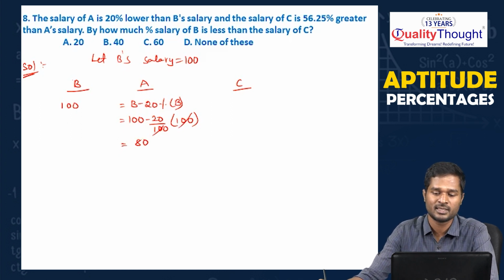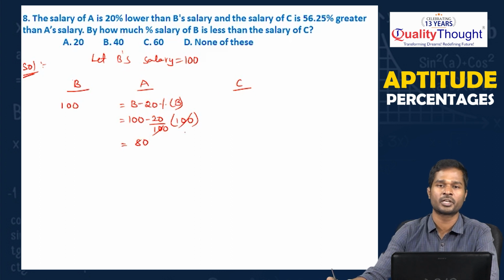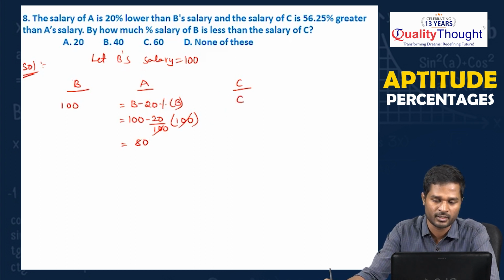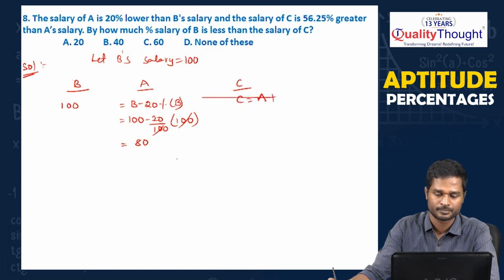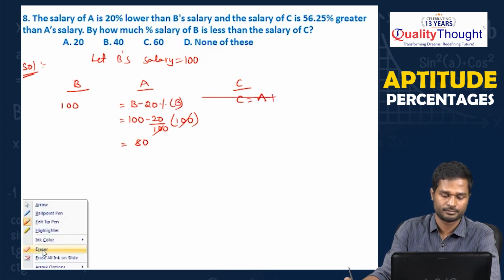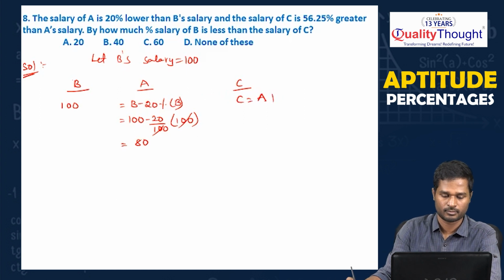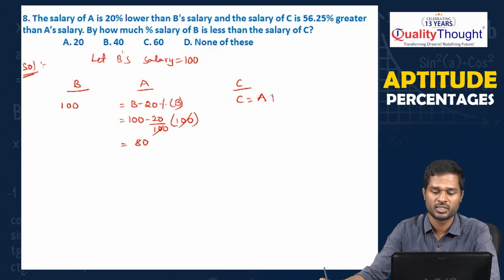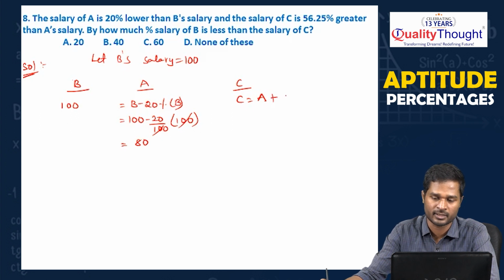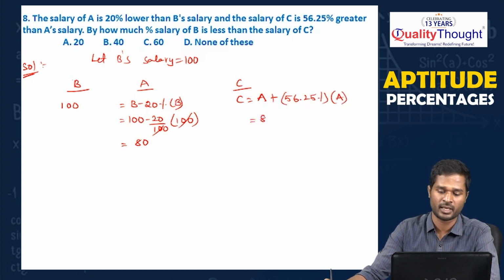Now what he says, C salary is 56.25 percentage greater than A salary. That means C salary is A salary plus 56.25 percentage of A salary. As it says greater, it is more, so take it as plus symbol. So A salary is 80 plus 56.25 percent of A value, which is 80.